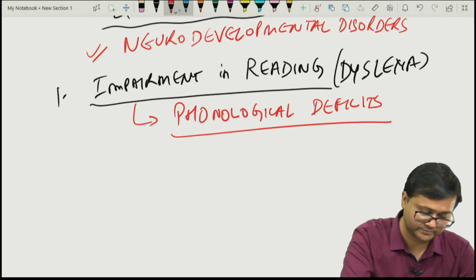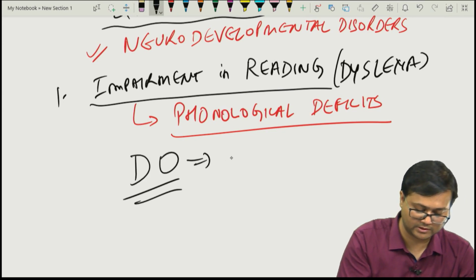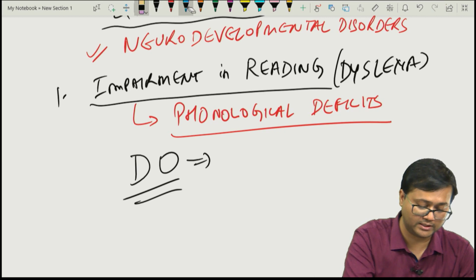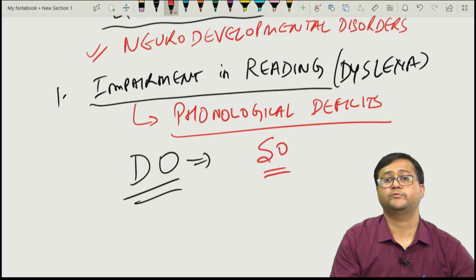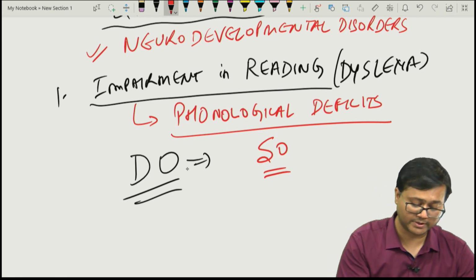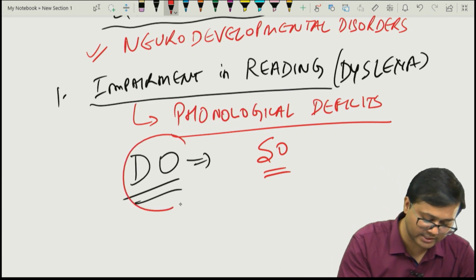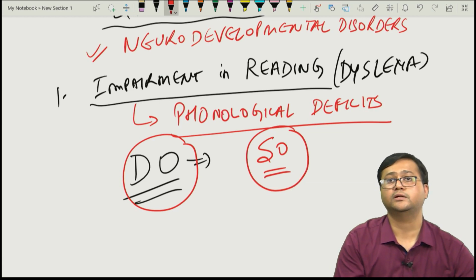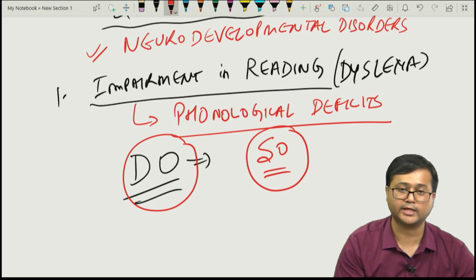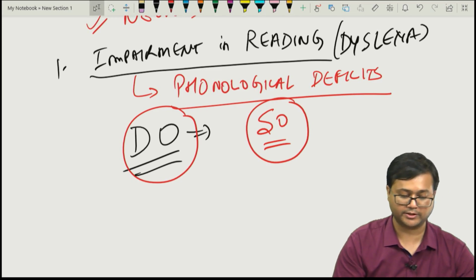For example, DO we spell as do, while SO we pronounce as so. But the person with impairment in reading or with dyslexia will not be able to understand this phonological difference, although in writing they appear to be similar, but DO is do and SO is so. So this is impairment in reading.